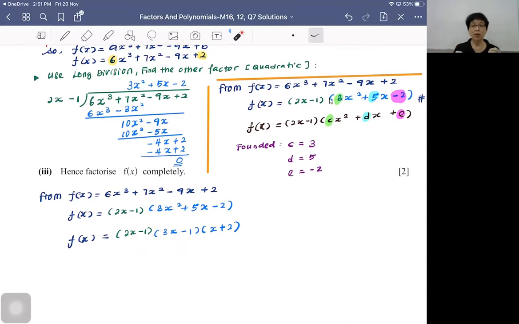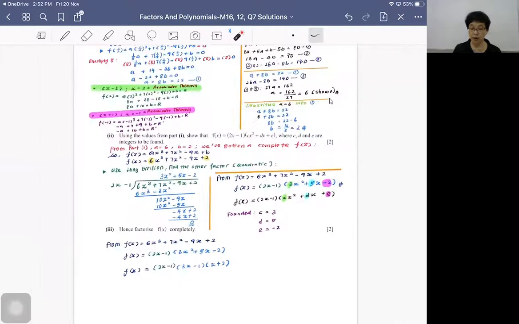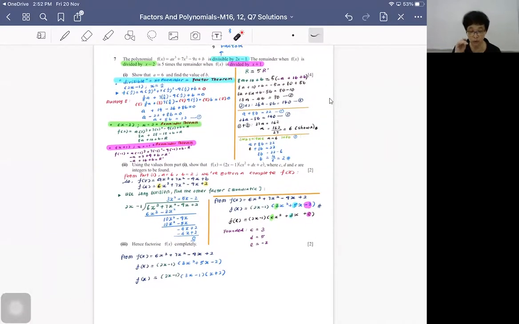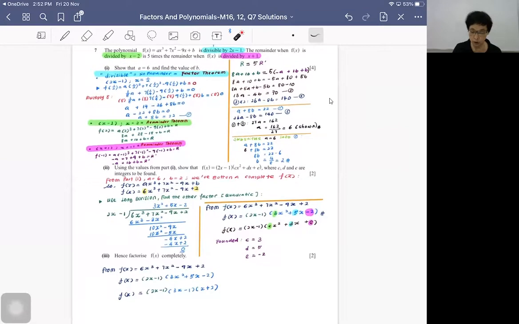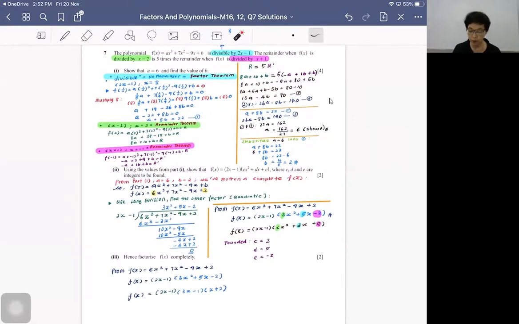So in short, you have broken down the cubic expression into three linear factors. Congratulations, you have successfully and completely factorized fx. And with that, you have concluded your full solution of this question. So 4 plus 2 plus 2, you have secured for yourself 8 marks.